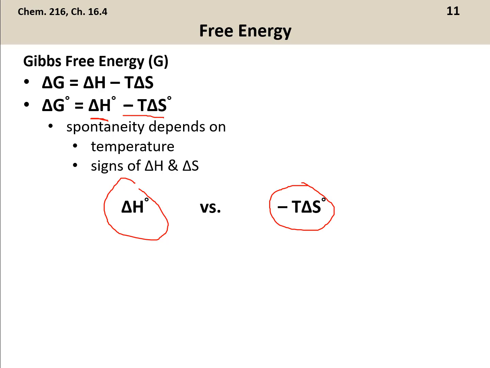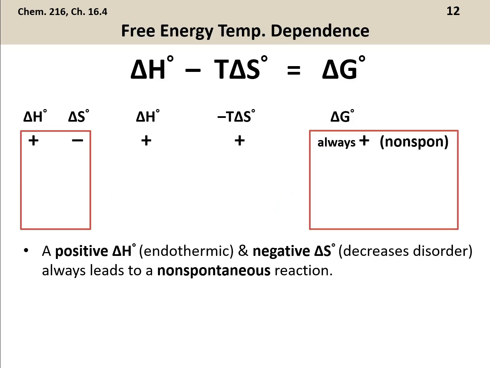And whether delta G is positive or negative is going to depend on how big those two terms are. All right, so let's say delta H is positive. That means this first term is also going to be positive. Okay?